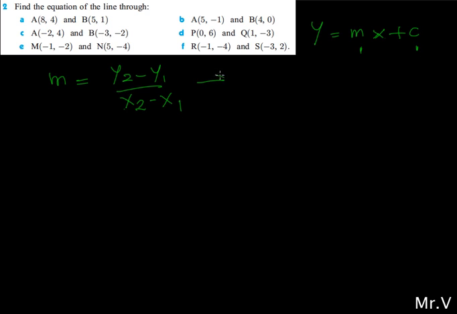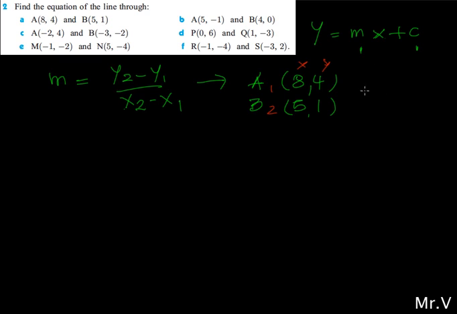As we learned before, I just have to align my points in a way that is simple for me to identify the x and the y. And as you know, you just have to put the x, y, and 1, 2. And that's it. You just have to replace in the formula and you will get the slope.